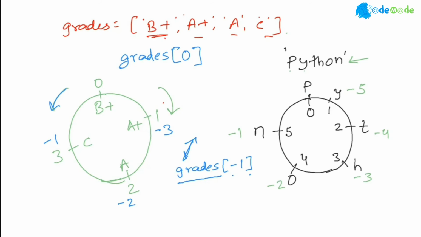What do you think this will return? Grades, square bracket -1. Meka, you there? I'm not sure.